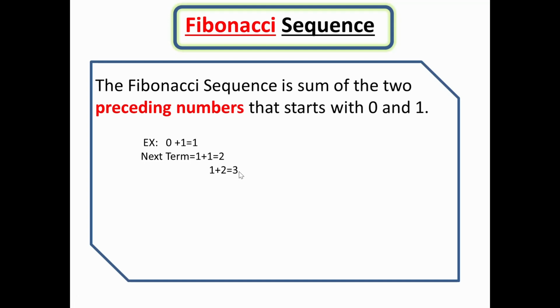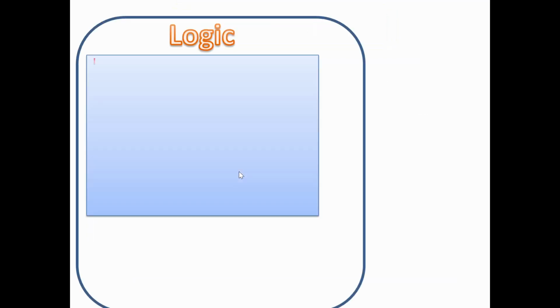And I am going to show you in Java how you will write the logic for this code. Initially I will take two variables, n1 equal to 0 and n2 equal to 1, as we discussed in the previous slide. And these values I will print in the console, 0 and 1.